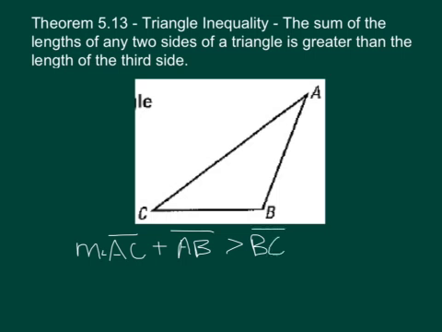And also AB plus BC is going to be greater than AC. So it doesn't matter which two sides you use. If you add two sides of a triangle together, it's always greater than the third side.